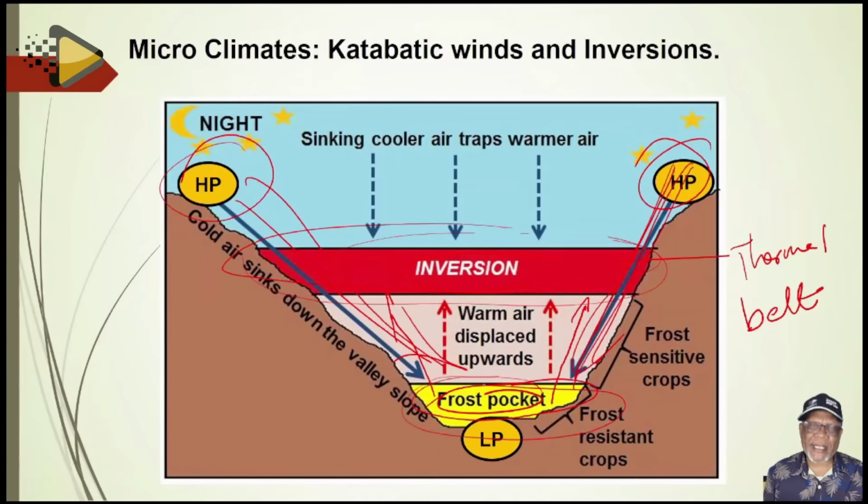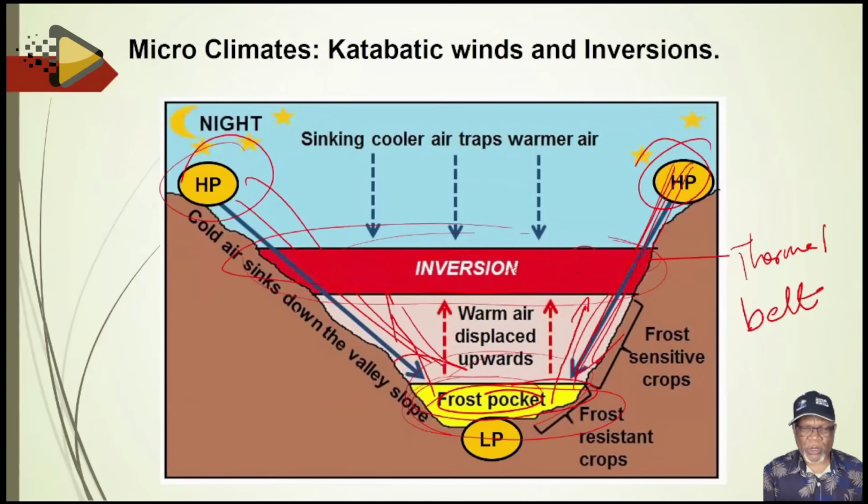But at night, this warm air, which is going to be in contact with this cold surface in the early hours of the morning, once the warm air touches the cold surface, condensation takes place.